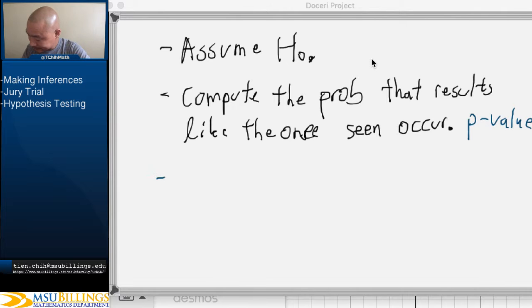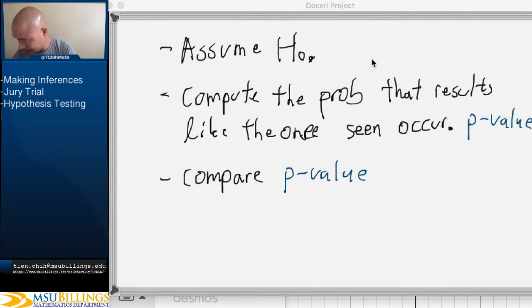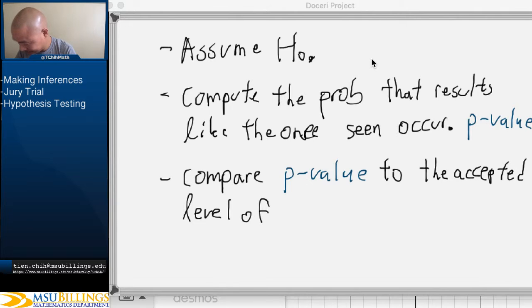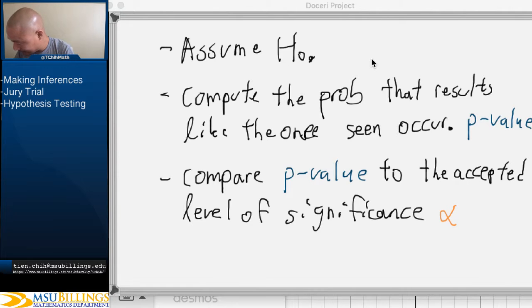The next step then is to compare the p-value to the accepted level of significance, which we're going to call alpha.